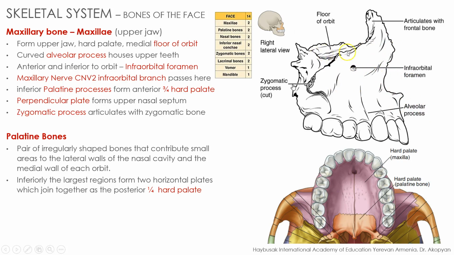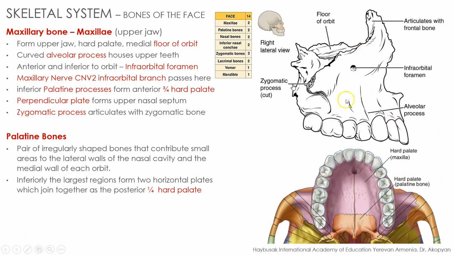The superior surface of the maxillary bone forms the orbit floor, and the inferior surface of the maxillary bone forms the anterior 3/4 of the hard palate. The posterior 1/4 of the hard palate is formed by the palatine bone.